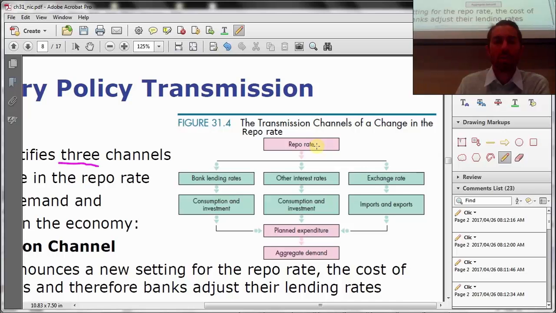Then there's a third channel in which the repo rate affects output, and that's through the exchange rate. When the Reserve Bank changes the interest rate in South Africa, it changes the yield on South African debt instruments. That also changes the yield on our instruments relative to debt instruments from anywhere else in the world, right? In other words, if South African bonds pay 6% yield and American bonds pay 1%, the difference between that yield is 5%, right?